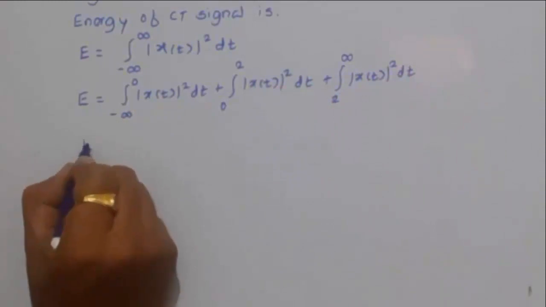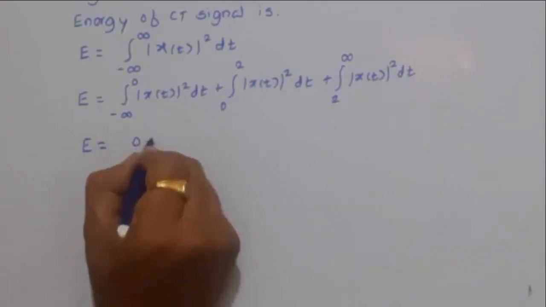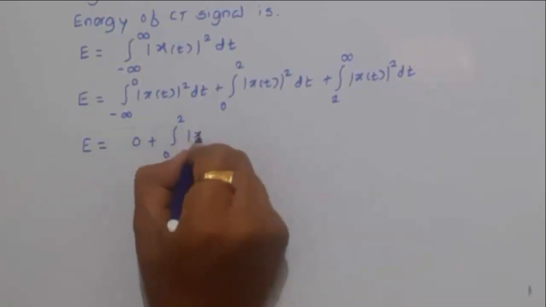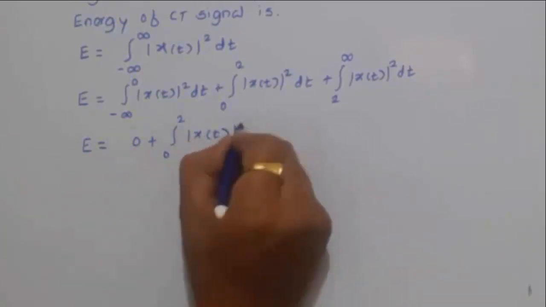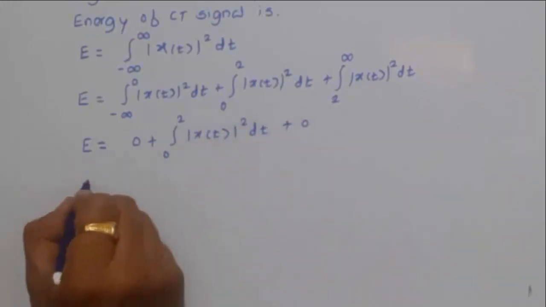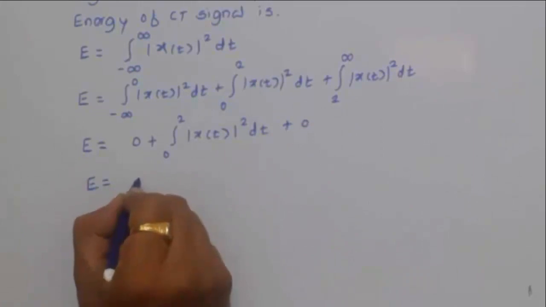Before t equal to 0, the x of t is 0, so the integration becomes 0. We have been given the signal between 0 to 2, so we'll write it as it is. And after t equal to 2, the signal x of t is 0. So this limit also becomes 0.